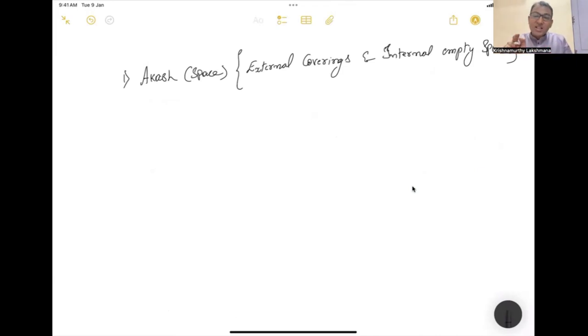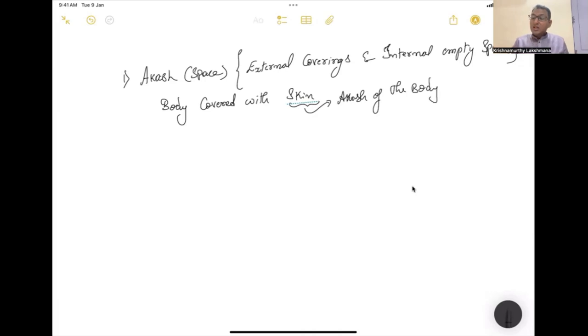So your body is covered with what? Skin. So skin is the Akash of your body. Yes or no? Yes. Skin is Akash of the body.